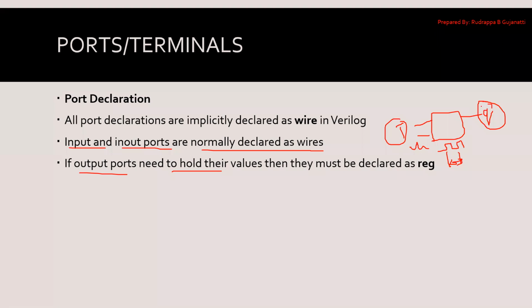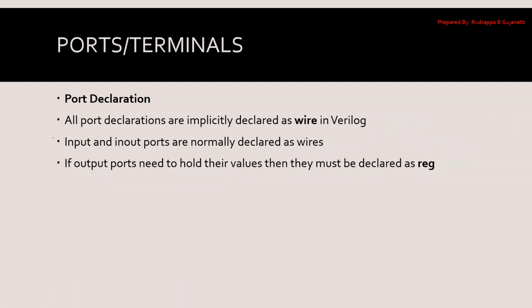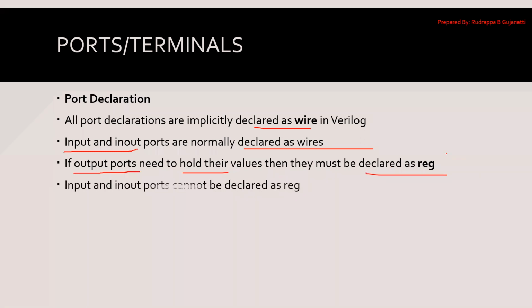So it has to hold. Such values must be declared as register data types. By default, they are wire. So in general, input and in-out ports are declared as wires, and output ports, if they have to hold the values, are declared as reg or register data types.